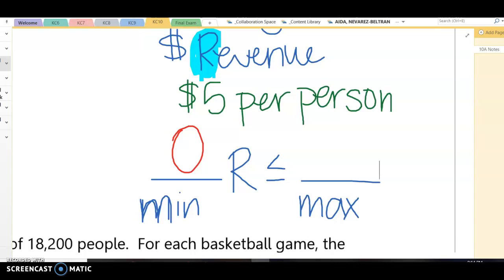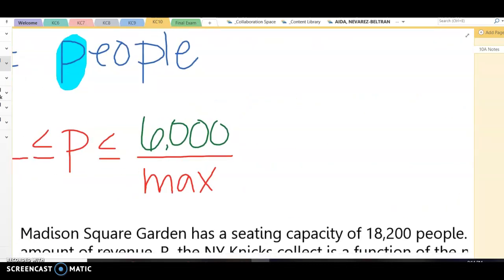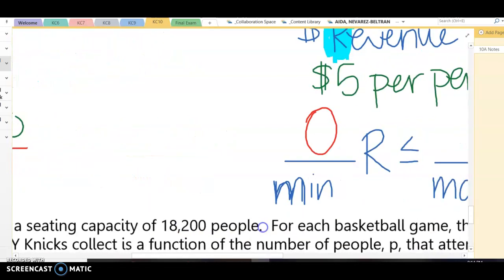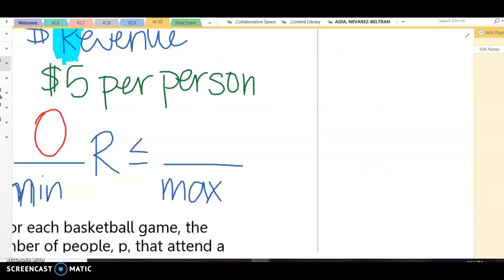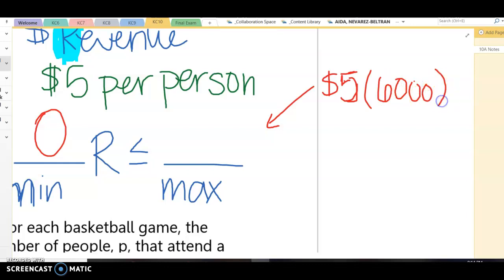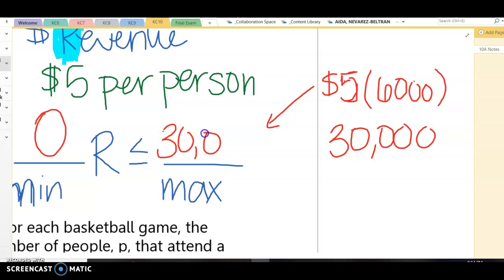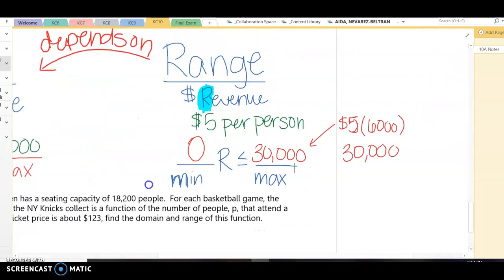But the maximum wouldn't be 6,000, because you don't just make $1 per person. It's $5 per person, and we multiply that by the 6,000 people that could possibly show up. So 5 times 6,000 gets us 30,000. So the max amount of money you could make is $30,000.